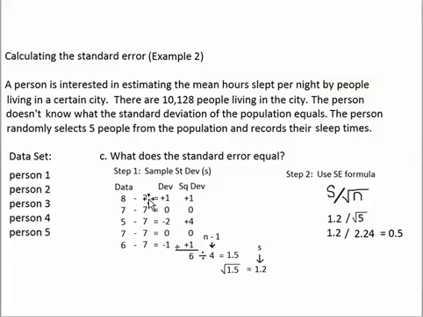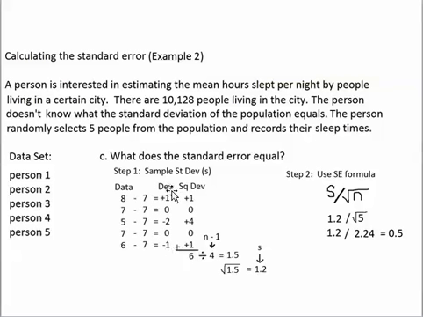I rounded off the mean to 7 to make the answers a little bit easier to deal with. The mean of the sample was actually 6.6, so I should be subtracting by 6.6, but I'm just using 7 instead. So we subtract each data value by the sample mean of 7, and we get the deviations from the sample mean. Next, we square each of these deviations.